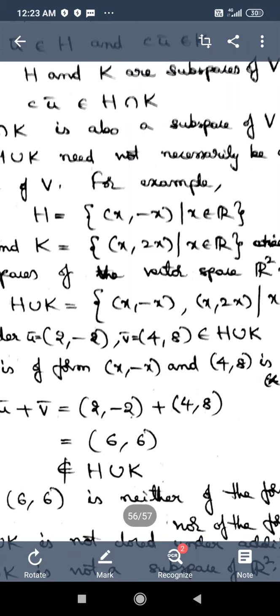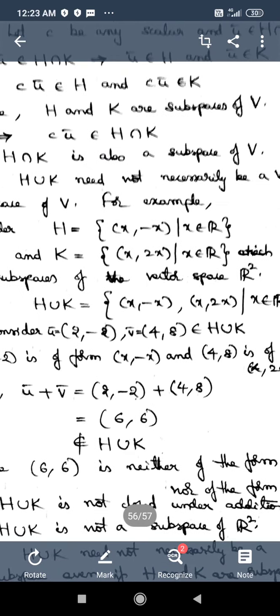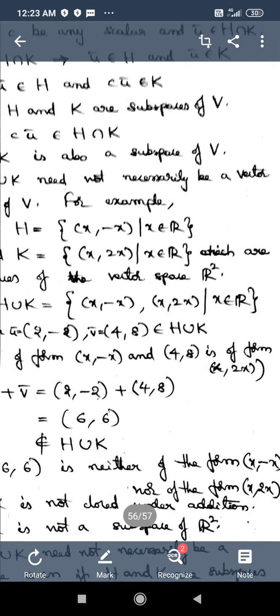But we can see (6, 6) is neither of the form (x, -x) nor of the form (x, 2x).